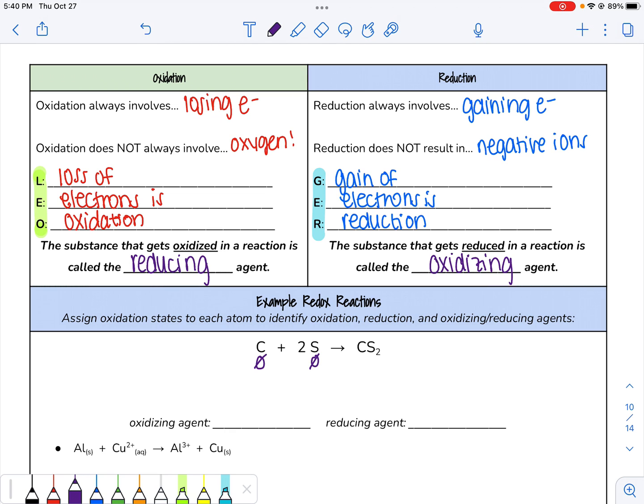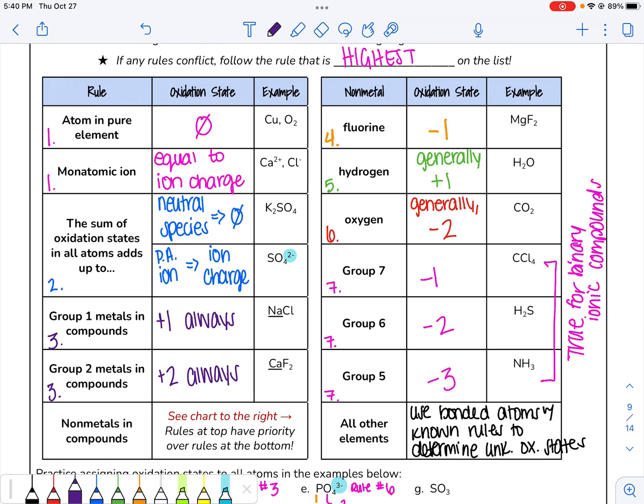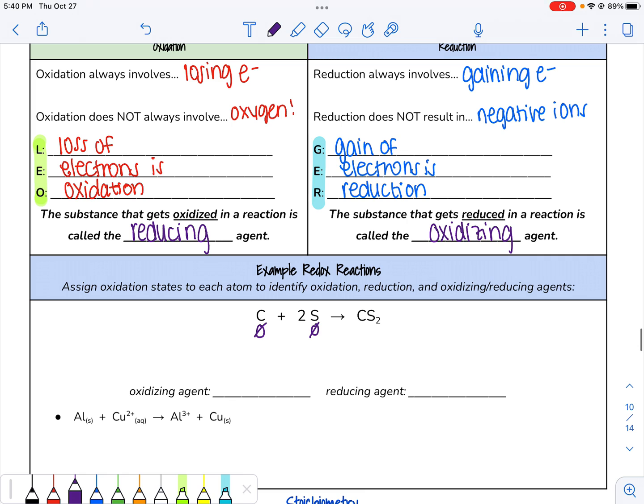Now we go to the product, carbon disulfide. If we want to break this up to figure out its oxidation states, we start with the rule that comes first. We don't get to a rule that applies to anything in this compound until rule number 7. That says that things in group 6 generally have an oxidation state of -2. So in this compound, sulfur has an oxidation state of -2.